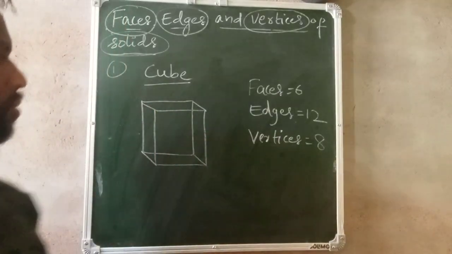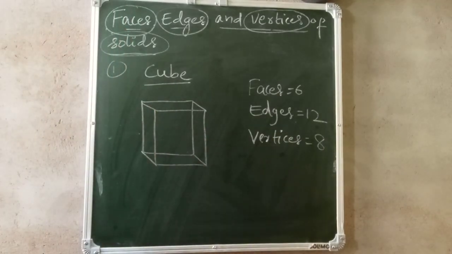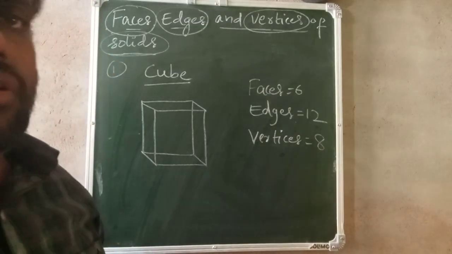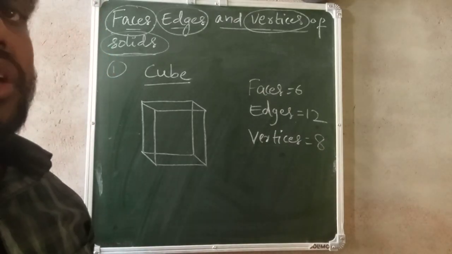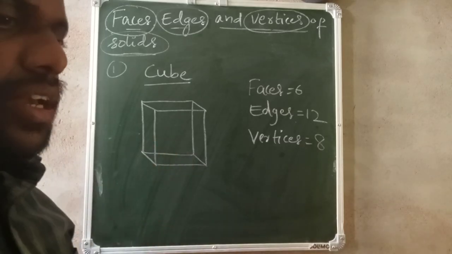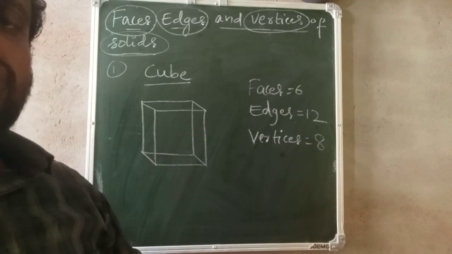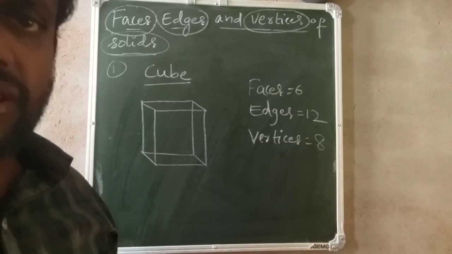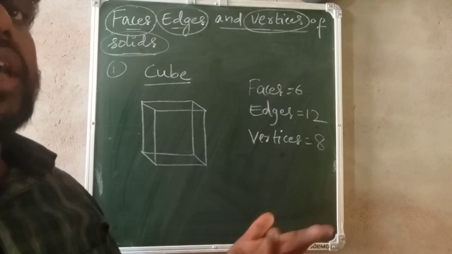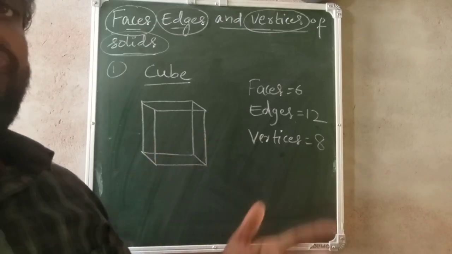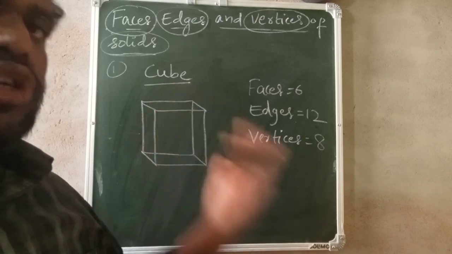This is cube. So what is the difference between cube and cuboid? See, cuboid has different length, width and height. But when I say cube, length is equal to width is equal to height. So all side lengths are equal. That is cube. When length, width, height are different, then that is cuboid.